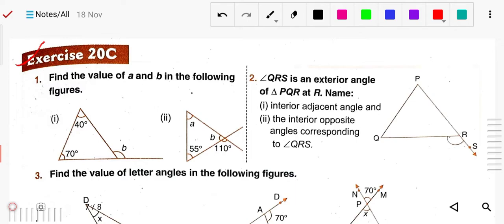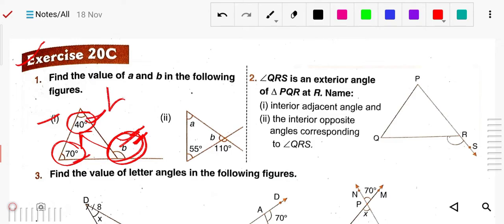Number one, here we have to find this angle b. This angle b is the exterior angle. The opposite angles are these two, 40 and 70, so angle b will be equal to the sum of these two angles, 40 plus 70.